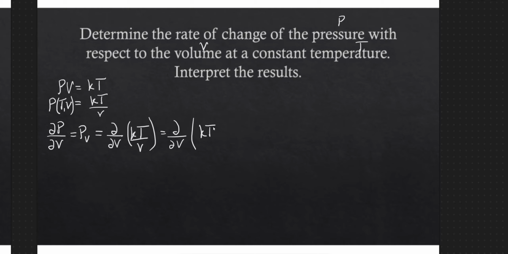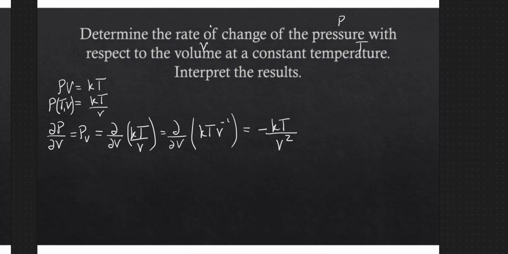This might make it easier for you to differentiate. Taking the derivative with respect to V, leaving everything else as constants, I'll get negative KT V to the minus 2, or negative KT over V squared. So that's the partial derivative of pressure with respect to volume.